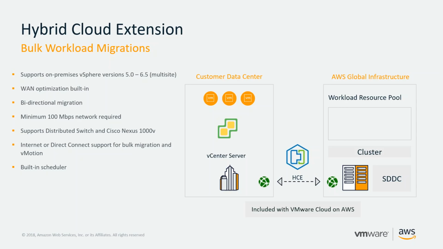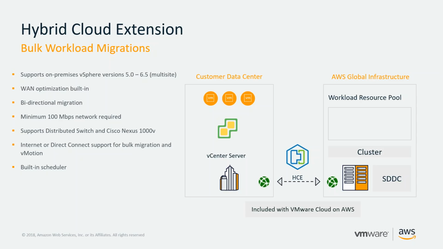It supports distributed switch, Cisco Nexus 1000V, and also supports Direct Connect, and has a built-in scheduler. So it really does all the magic that you need to do. Stretches L2, really does everything you need to do, and makes the migration very simple.